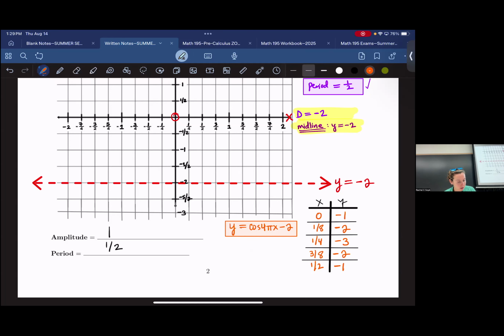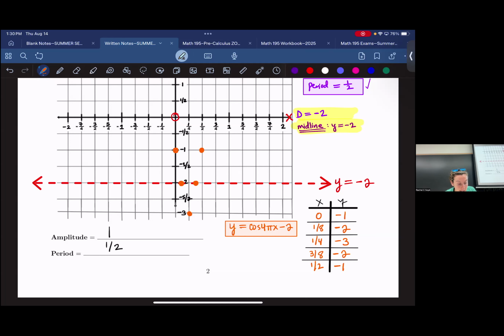So now let's just plot these points. So 0, -1, 1/8, -2, 1/4, -3, 3/8, -2, and then 1/2, -1. And so this is one period. So essentially now this is just being repeated.